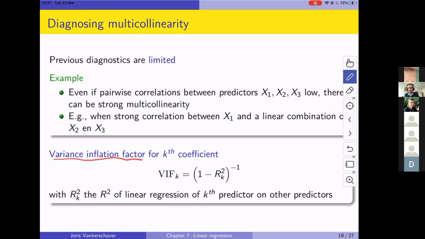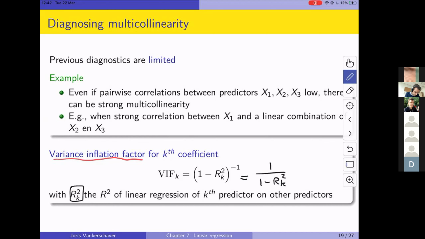correlation coefficient, but not the correlation coefficient from the whole model. I will explain it in a minute. We take this Rk squared and we put 1 over 1 minus Rk squared. And what is this Rk squared? Well, it is the correlation coefficient of a regression model where we take the kth predictor and look at all the other predictors and try to predict the kth predictor.